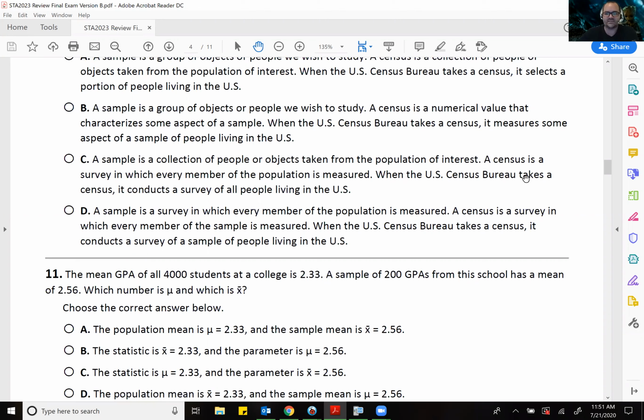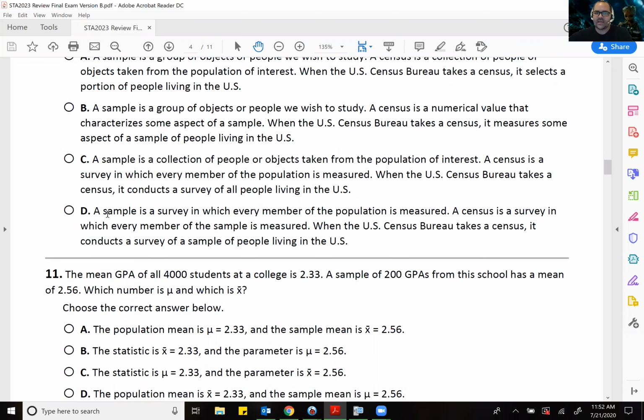When the U.S. Census Bureau takes a census, it conducts a survey of all people living. Yes, that's it. It's got to be C. Because if you look at the bottom one right here, a sample is a survey in which every member of the population is. That's not true. A sample is a small collection. So 10. The answer is C. And now I need to write out this long answer real quick.